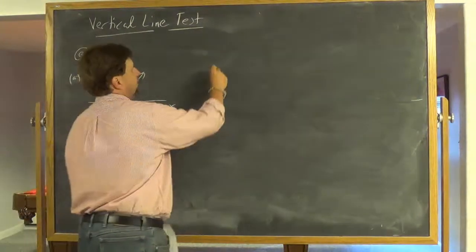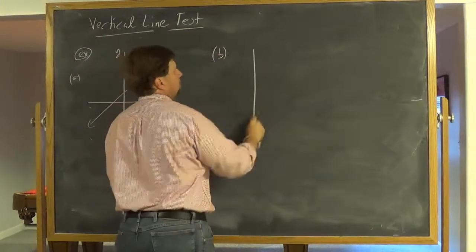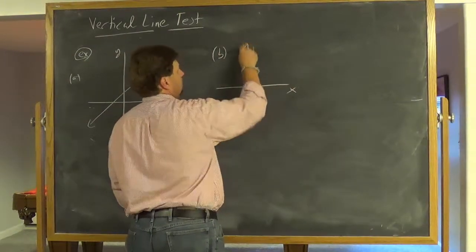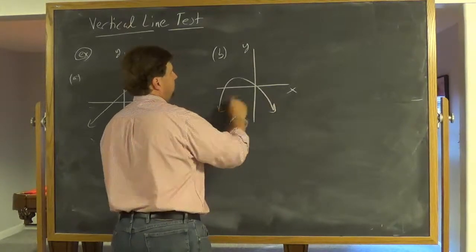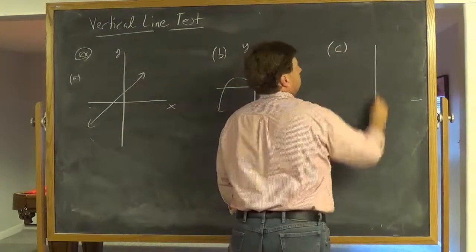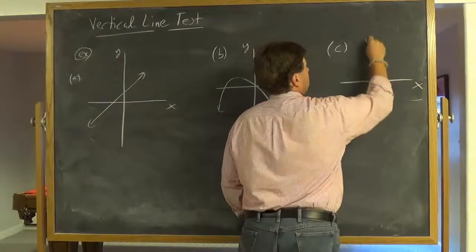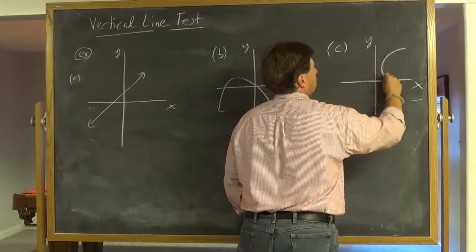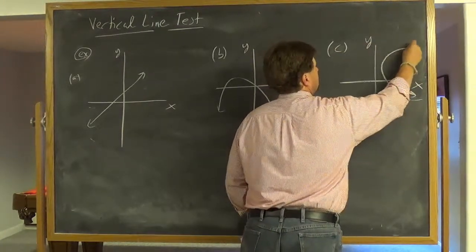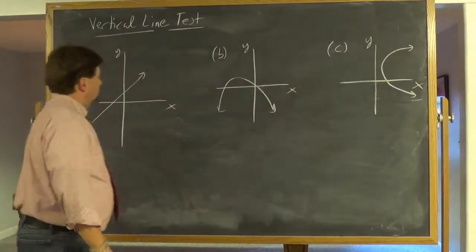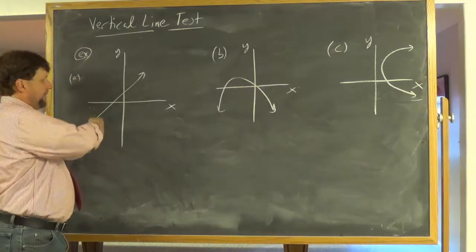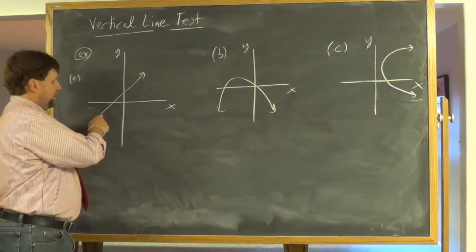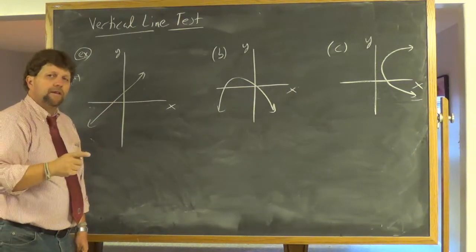Let me sketch up 3 graphs here. So look at the graph in part A. Any vertical line that I draw will intersect this graph in only one point.